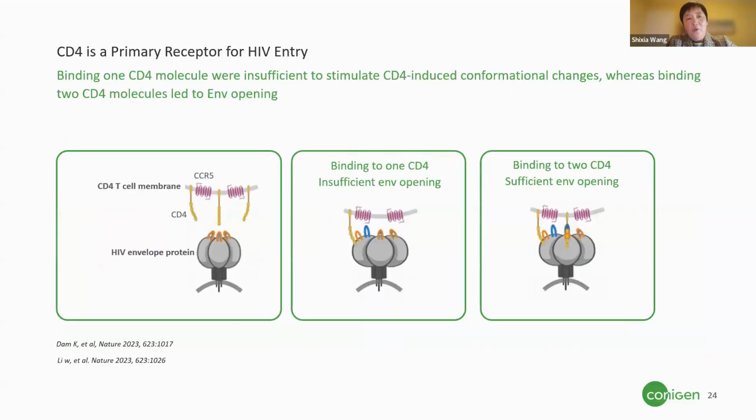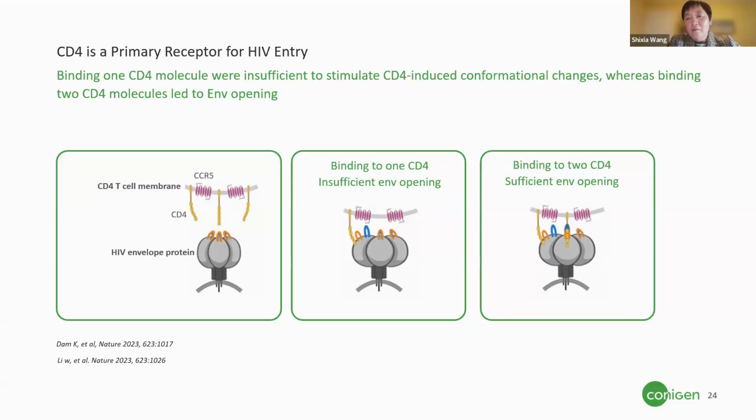We know CD4 is the primary receptor for HIV infection and entry. Very recent studies examined whether one CD4 molecule or two CD4 molecules binding to the envelope protein contribute to infection. The interesting thing is, in the middle panel, if the HIV envelope protein is bound to one CD4 molecule, it will not be sufficient to open up the envelope to bind to the co-receptor or cause fusion, viral entry and infection.